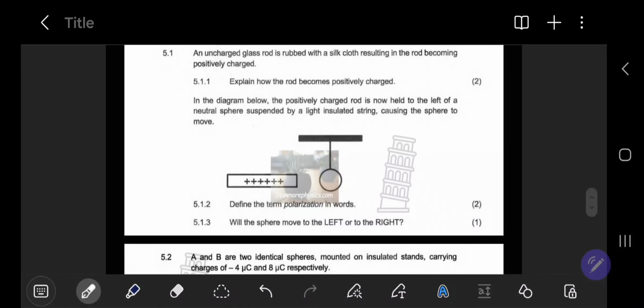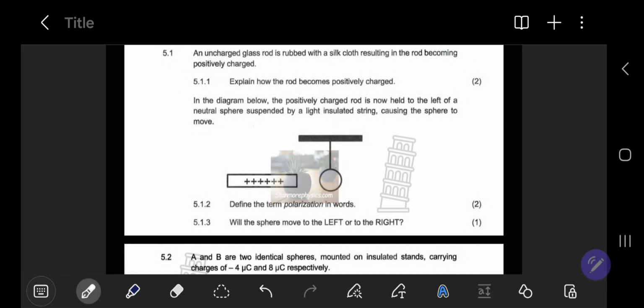Now we have some information. It says in the diagram below, the positively charged rod is now held to the left of a neutral sphere, suspended by a light insulated string, causing the sphere to move. So 5.1.2 says define the term polarization in words. Just to explain this before I give you the definition, what happens in polarization is your charges separate.